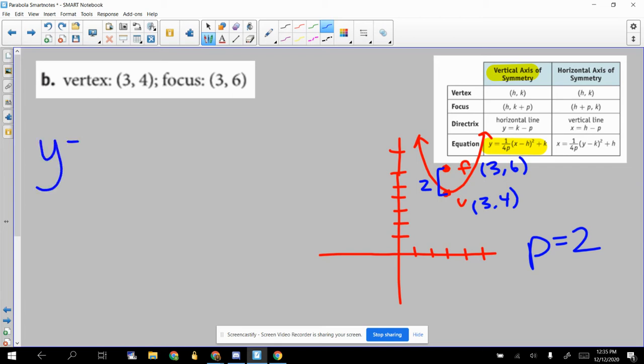So we have y equals, and we're using this equation here because it opens up, so it has a vertical axis of symmetry. That's what we're focusing on today; we're only going to look at vertical. So y equals 1 over 4p, but remember our p is 2, so let's plug that in.